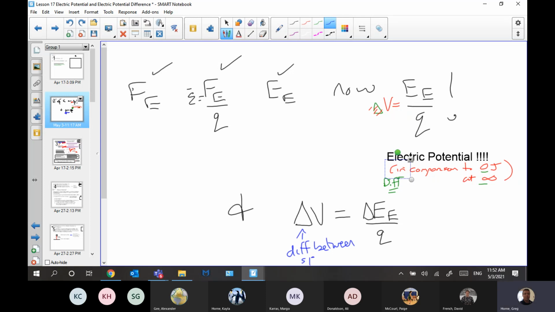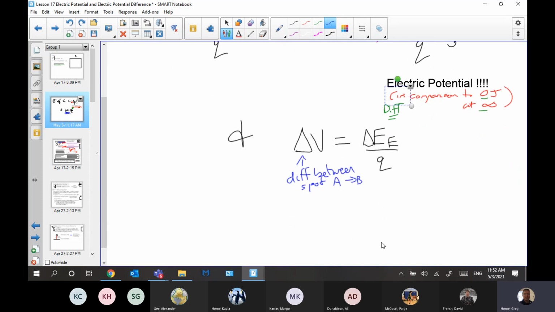Let's say like spot A and spot B or something like that. Right, a local delta, a local spot, local difference. I don't know what word you want me to use there. Local change, let's say.